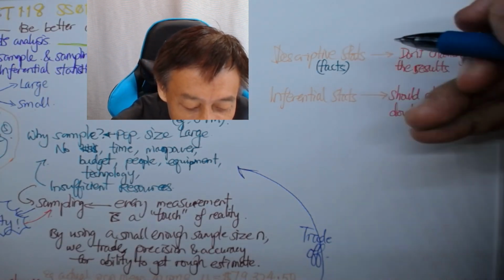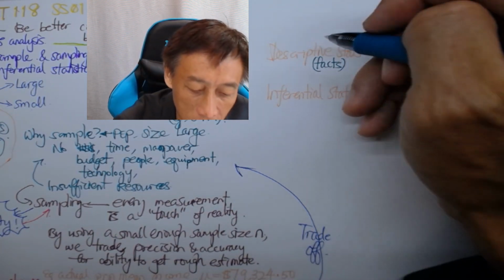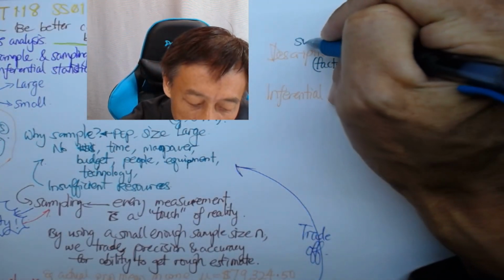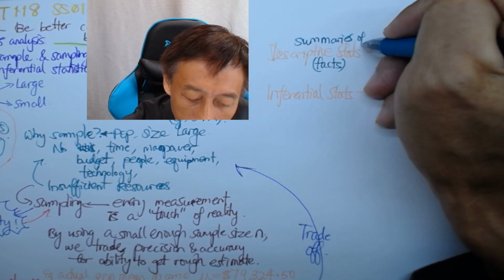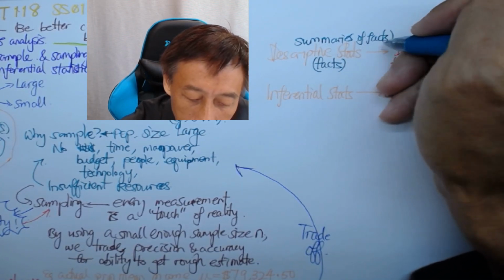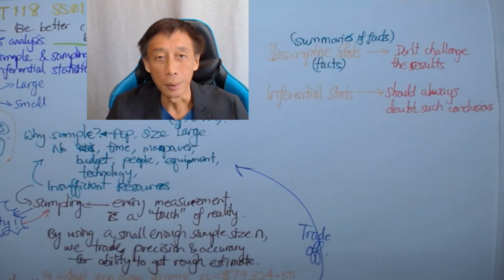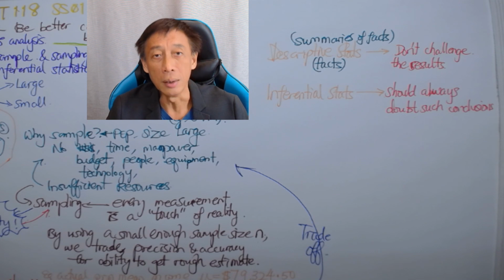Descriptive statistics themselves are facts because they are summaries of facts. Okay, they're summaries of facts. Facts are the raw data, and summaries of facts.